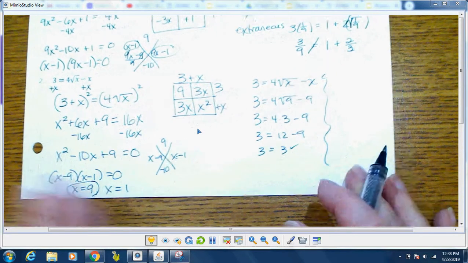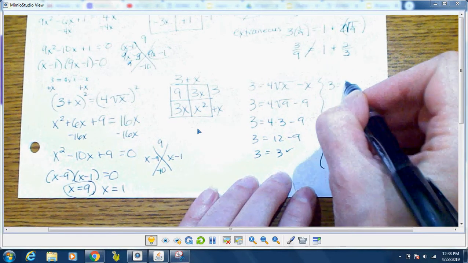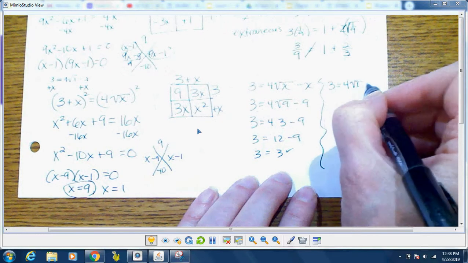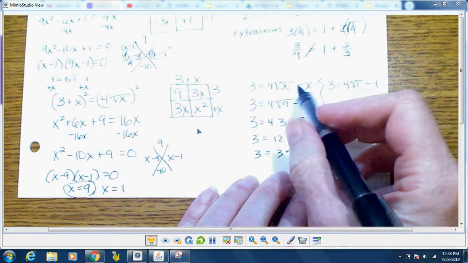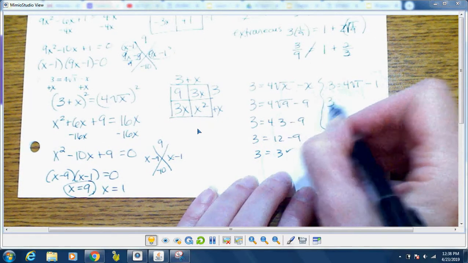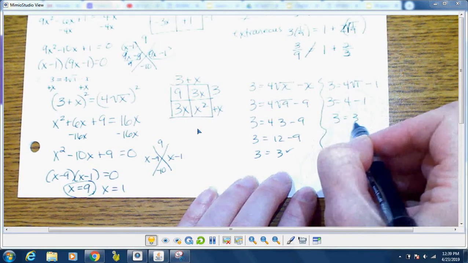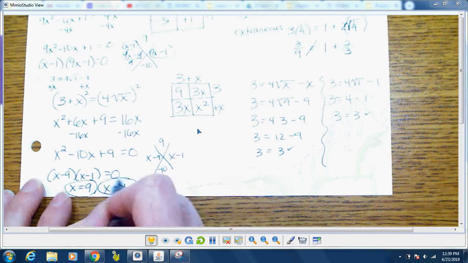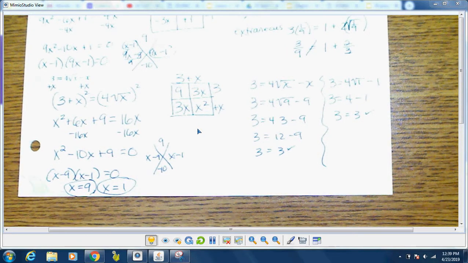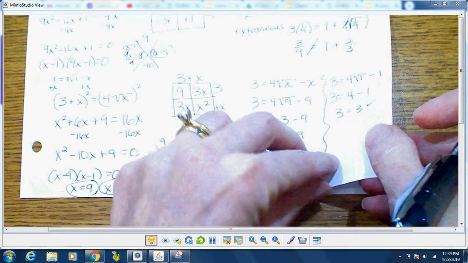So 9 is good. x equals 1. 3 equals 4 times the square root of 1 minus 1. So anywhere I saw an x, I just plug in 1. So that's just 4 times 1. So both of those solutions are good. All right, let's move on. On to page 2.